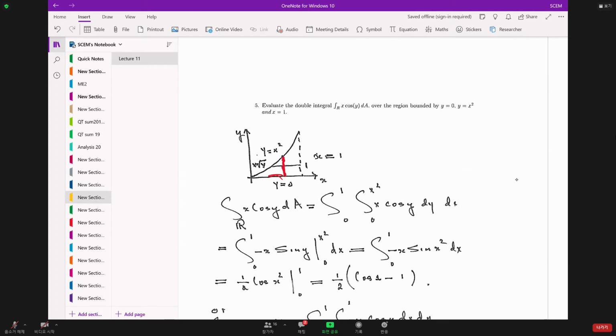So here we are treating it as a type 1 region. You may try this using a type 2 region also.